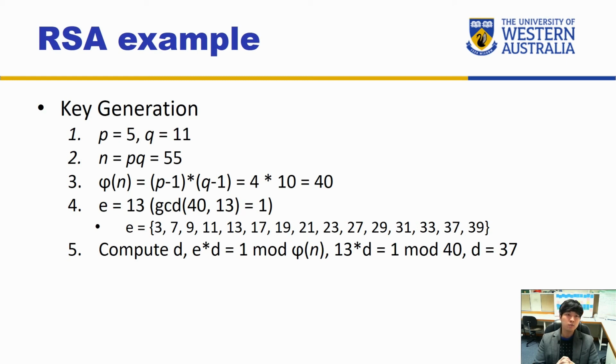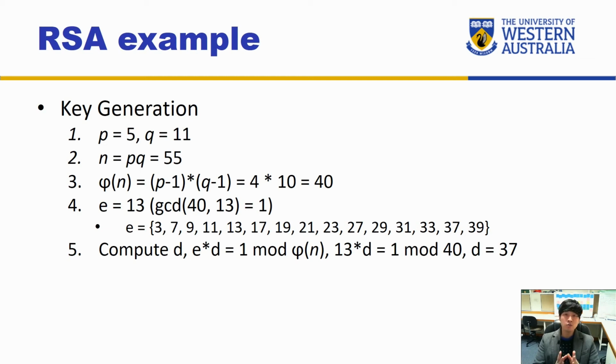Next we need to select e, and in this example, I have selected e equals 13, because 13 is relatively prime to 40, since 13 itself is a prime number. So if you select an e which is a prime number, then you will always guarantee that it will be relatively prime to phi n, regardless of what factors phi n might have.